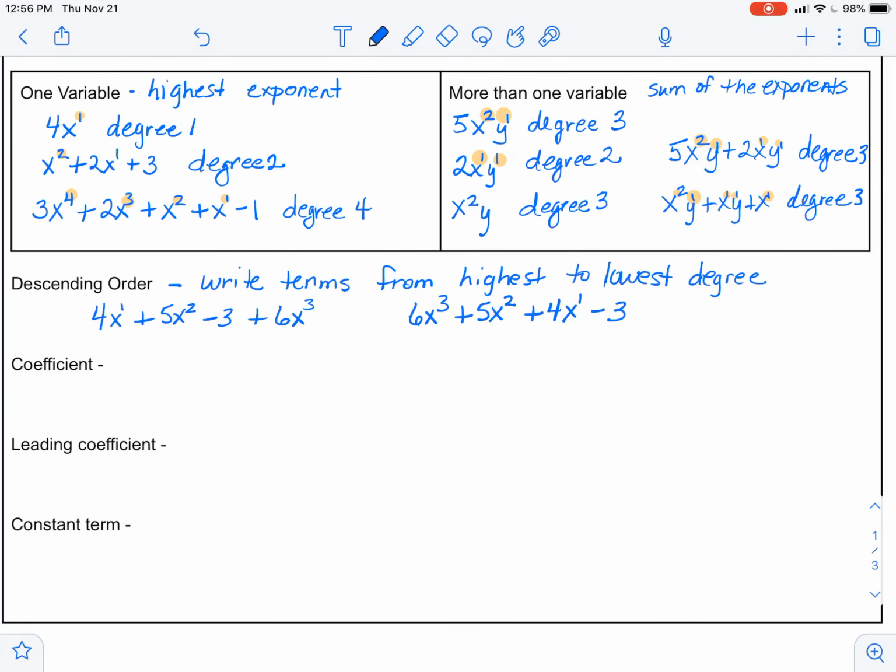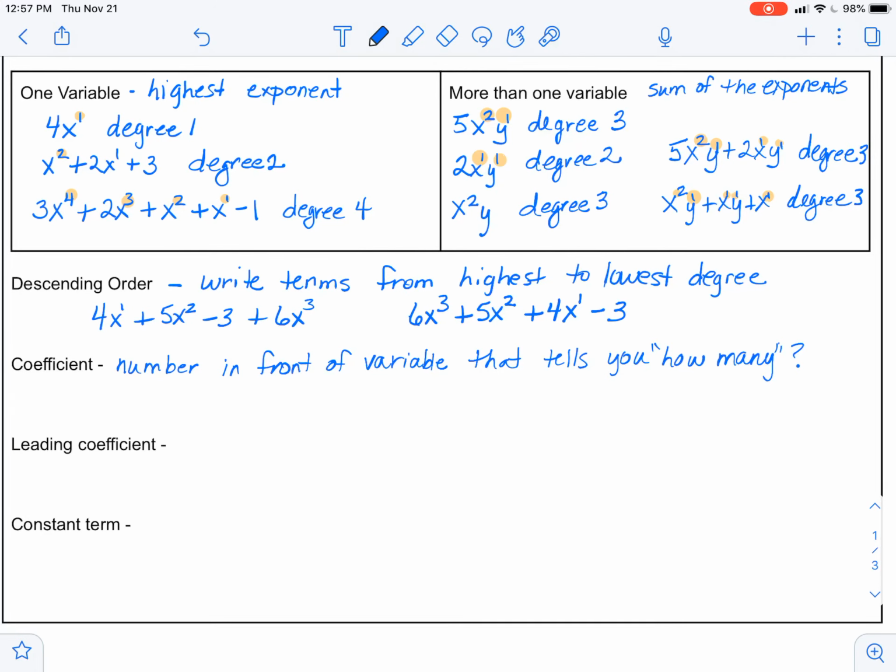And again, the coefficient is the number in front of your variable, okay, that tells you how many. Okay, so it's going to answer the question, how many do I have?